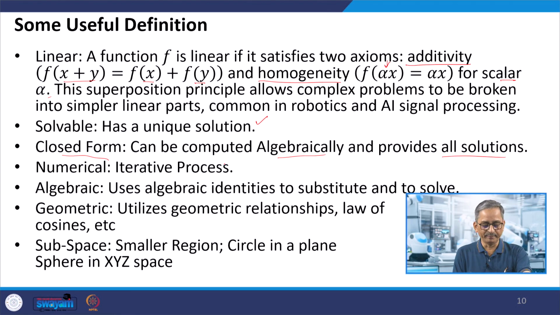The numerical method, as all of us know, is an iterative process, and the algebraic method uses algebraic identities to substitute and solve. The geometric method similarly utilizes geometric relationships such as the law of cosines. And a subspace is a smaller region, for example, a circle in a plane or a sphere in xyz space.